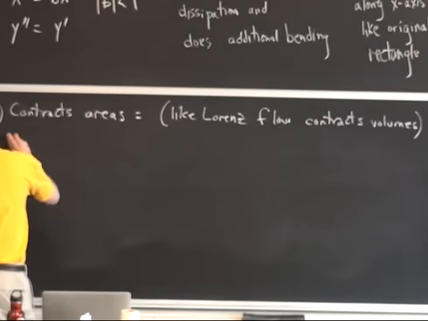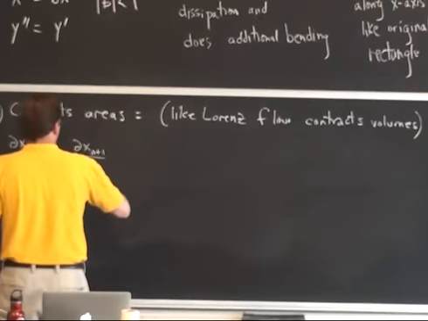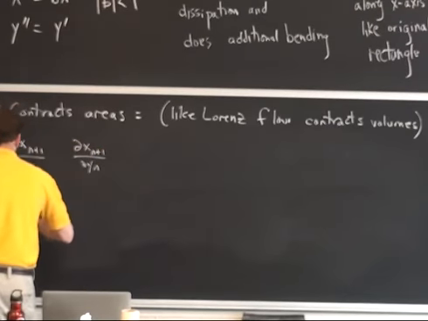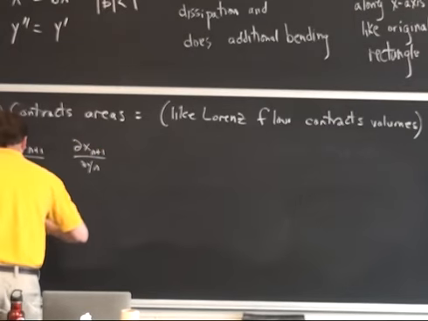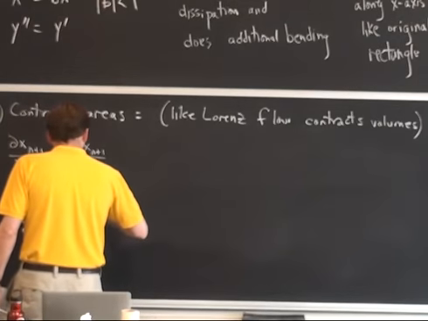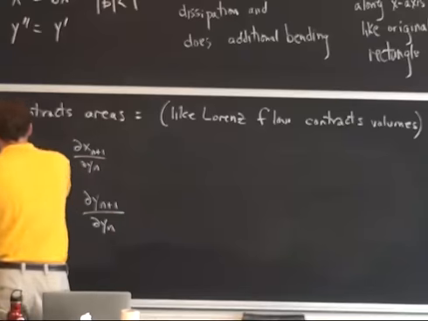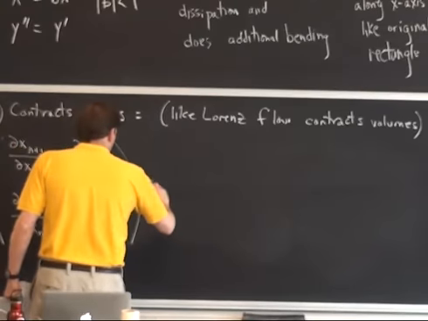So we would look at partial of xn plus 1 with respect to xn, partial xn plus 1 with respect to yn, partial yn plus 1 with respect to xn, and partial yn plus 1 with respect to yn. This would be the Jacobian of the mapping.